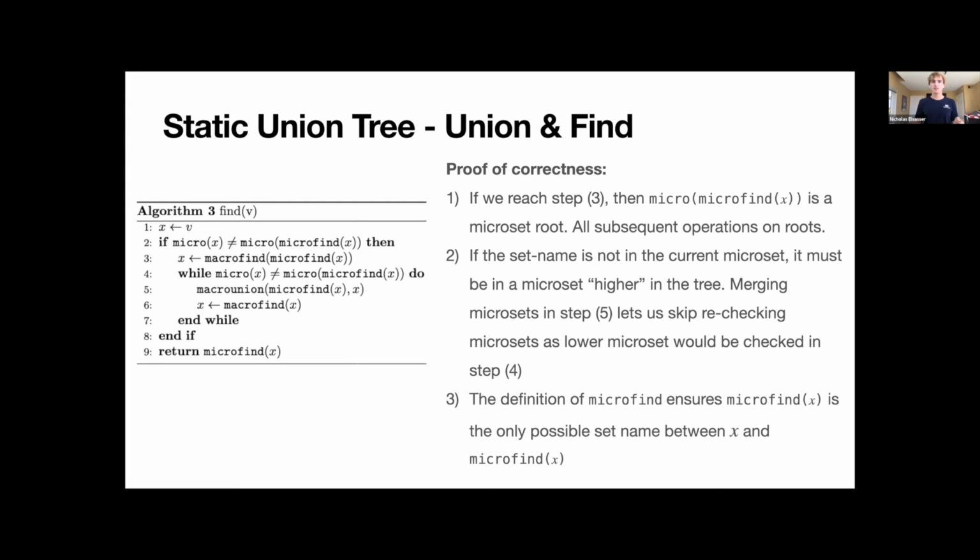Putting this together with the definition of microfind: microfind is defined such that the only set name between the given node and the node returned by microfind can be the node returned by microfind. So if you keep applying microfind, eventually you'll find some ancestor of the original node that is a set name. And if you put all this together, you can see that the algorithm will always return a set name, the first set name of the given node.